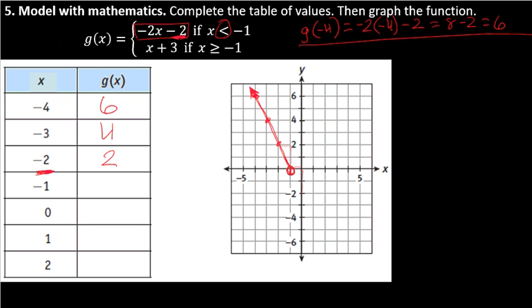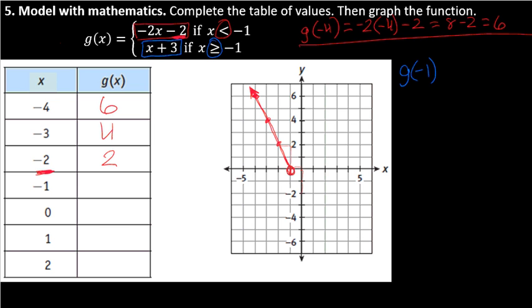Okay, so using blue now, I'm going to go ahead and start here. So now we're looking at this guy here. We're using this rule here in blue, if x is greater than or equal to negative 1. So let's look at where we would be if x is greater than or equal to negative 1. So we're going to say g of negative 1.